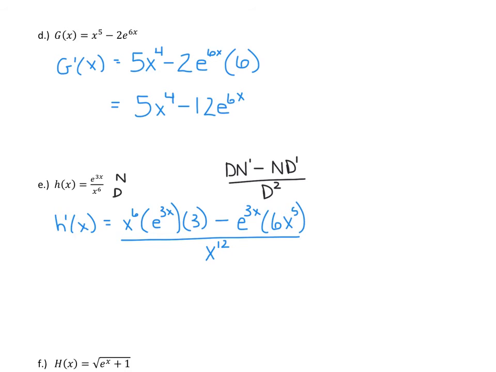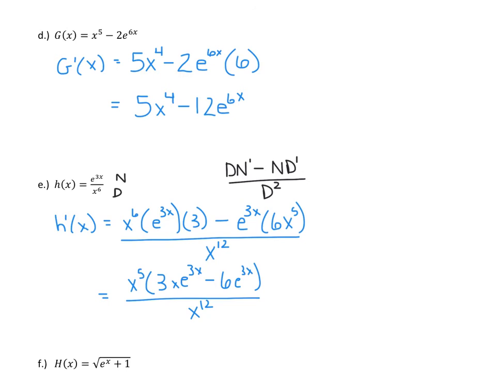Alright, so now let's simplify. We can factor out an x to the 5th out of the numerator, and that'll cancel out with some of the x's in the denominator. So factoring out an x to the 5th, we're left with 3x e to the 3x minus 6e to the 3x divided by x to the 12th.